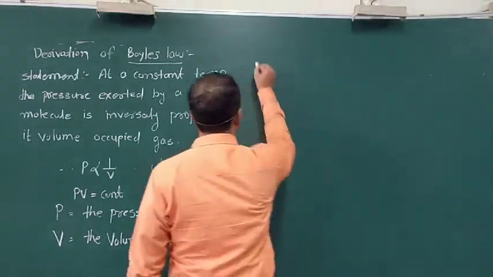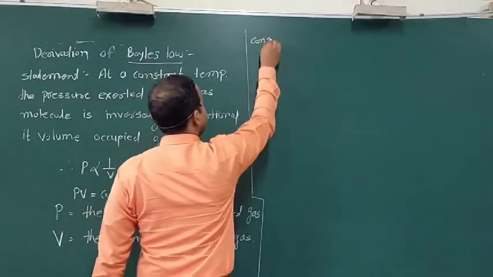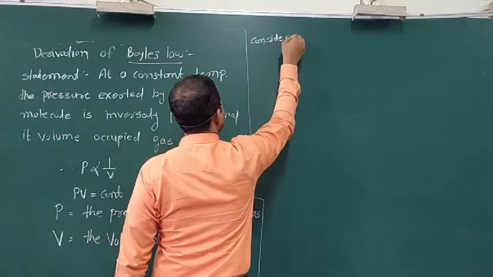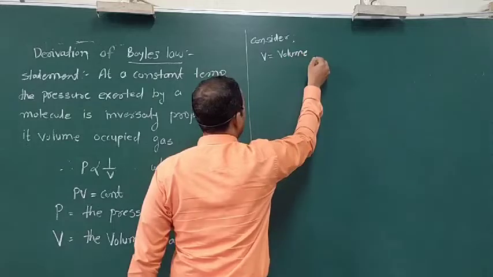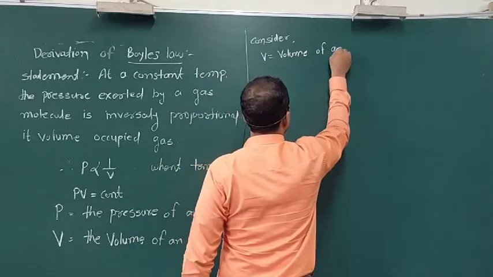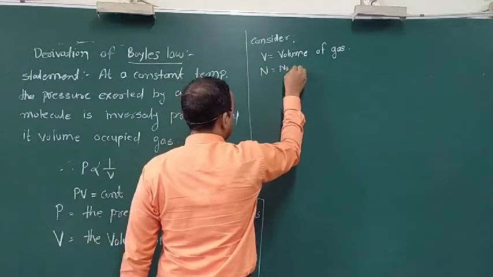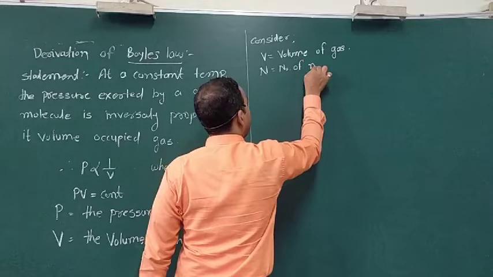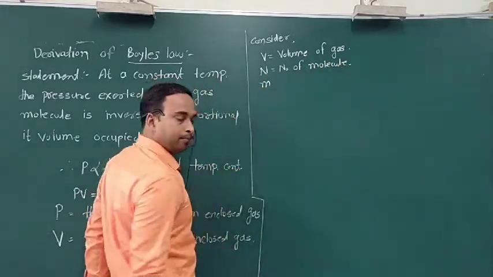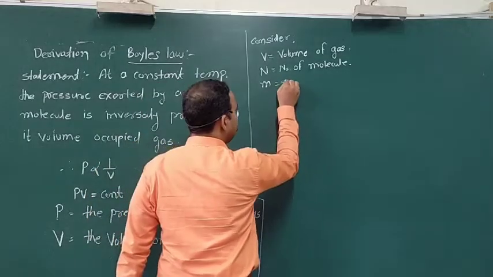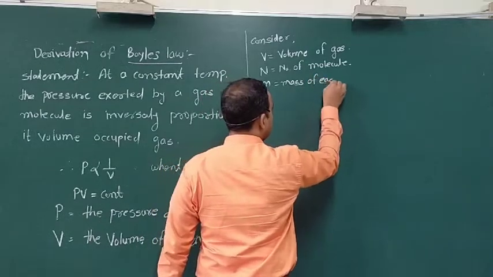Now let us consider V is the volume of gas, N is the number of molecules, and small m be the mass of each molecule.